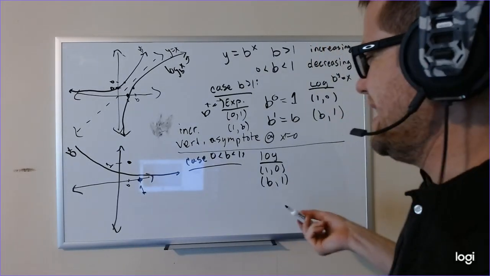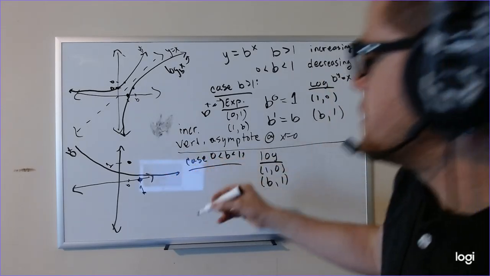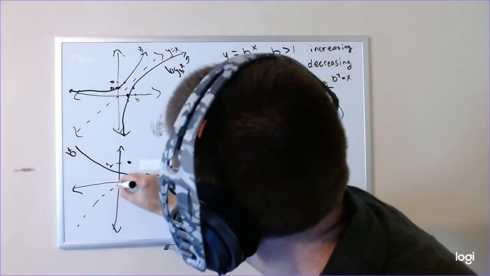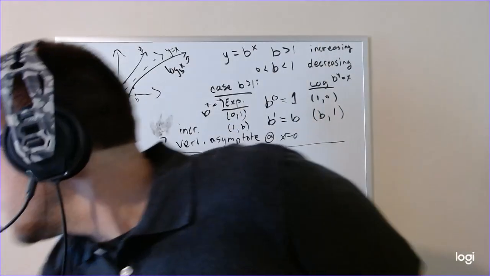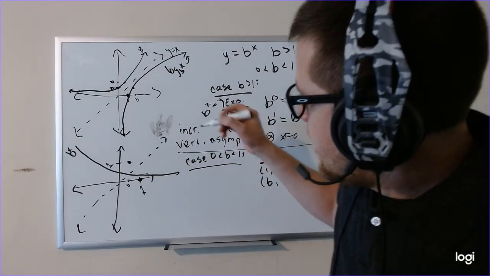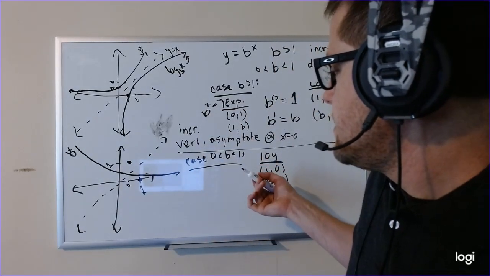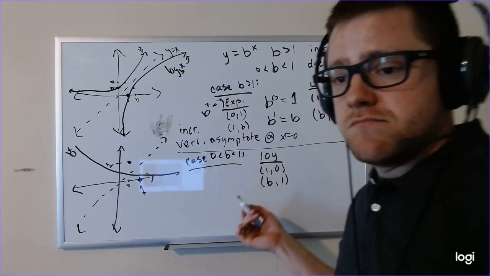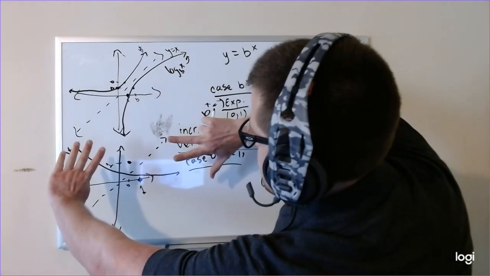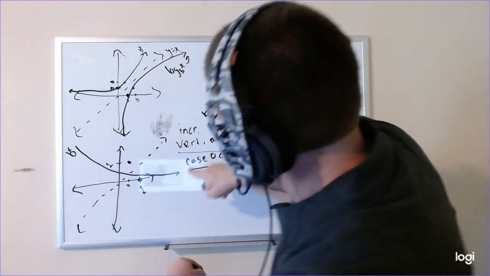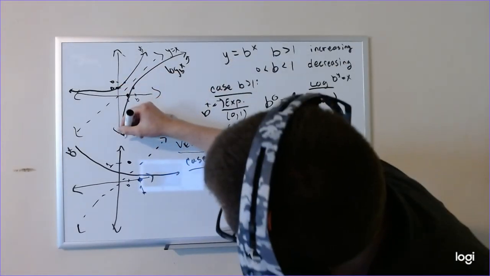Well, in our inverse function, we're going to be flipping it around this line, y equals x, and what's going to happen? Well, it's going to go up like this. So this horizontal asymptote goes up to become a vertical asymptote up here.